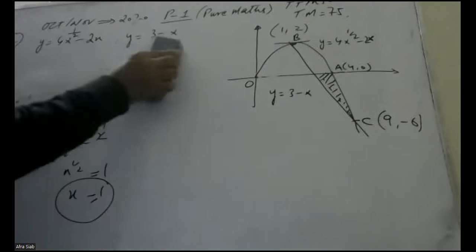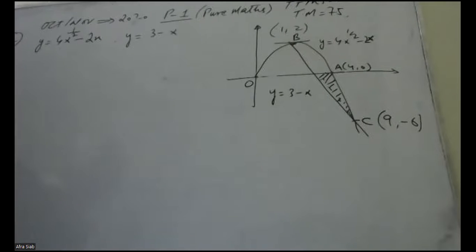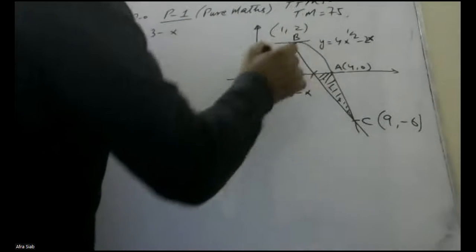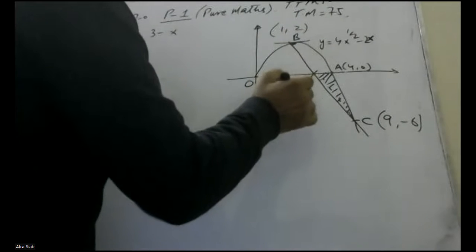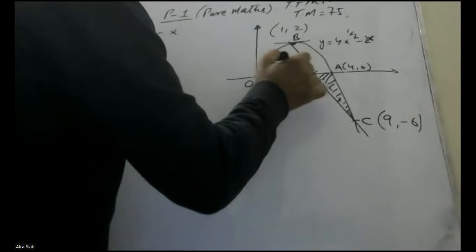Then the third part is to find the area of the shaded region to this curve. Since this point is becoming y equals 0, then x is equal to 3. So this point is (3, 0).